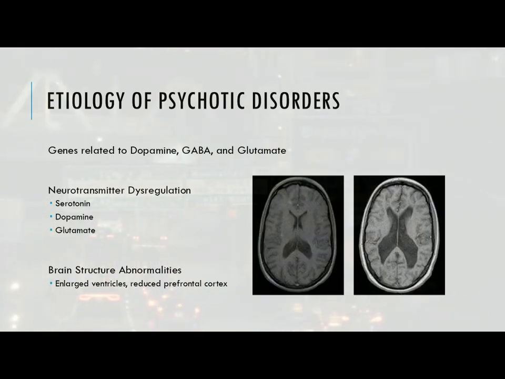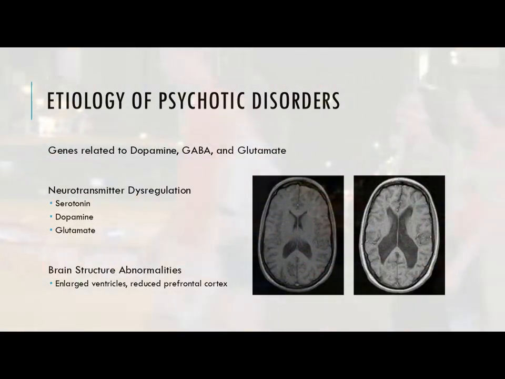So we also see brain structure abnormalities. In neuroimaging studies, people with psychotic disorders typically have some structural abnormalities in the brain, like enlarged ventricles, which indicates a loss of brain tissue, or reduced gray matter in the prefrontal cortex, and hippocampal abnormalities.